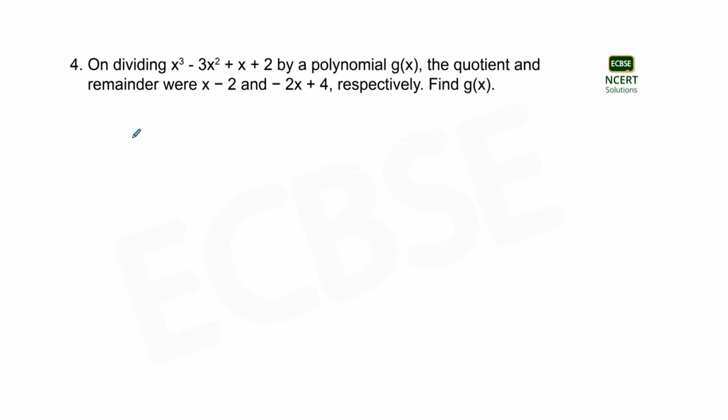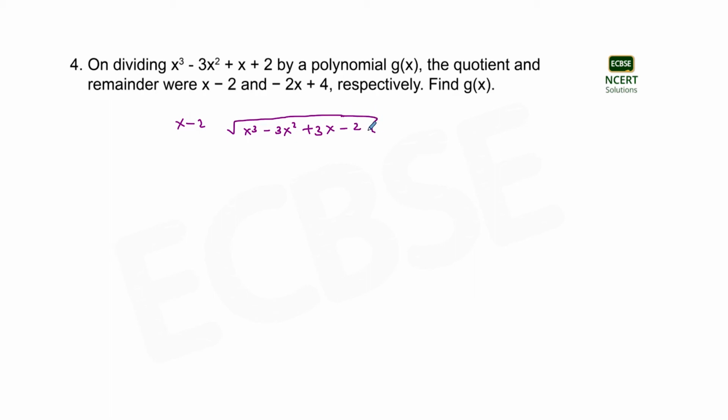So, now we will be performing the long division method. So, now the divisor is x - 2 and the dividend is x^3 - 3x^2 + 3x - 2.